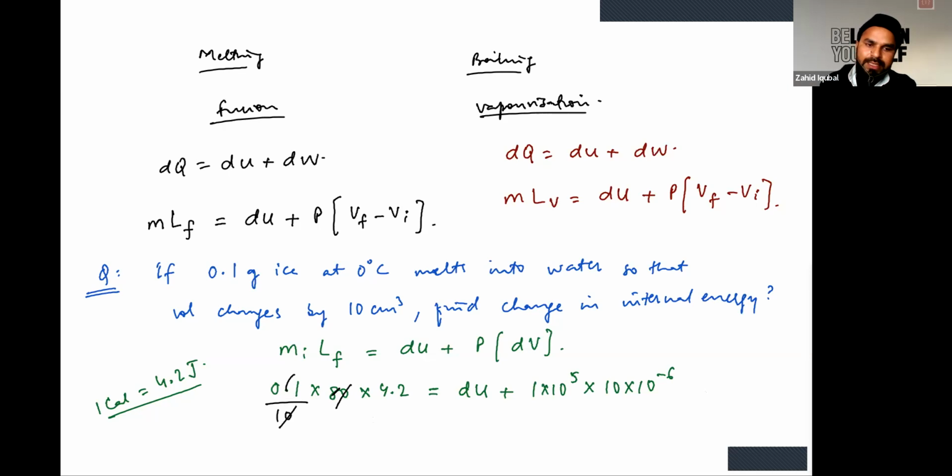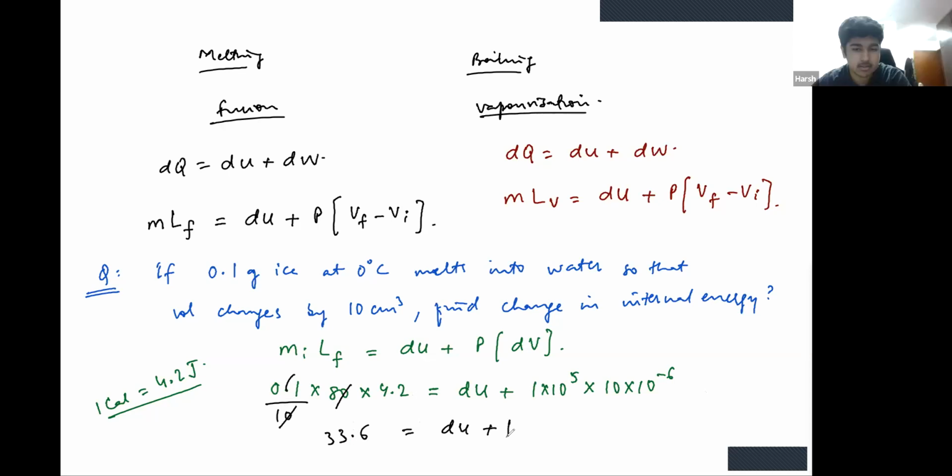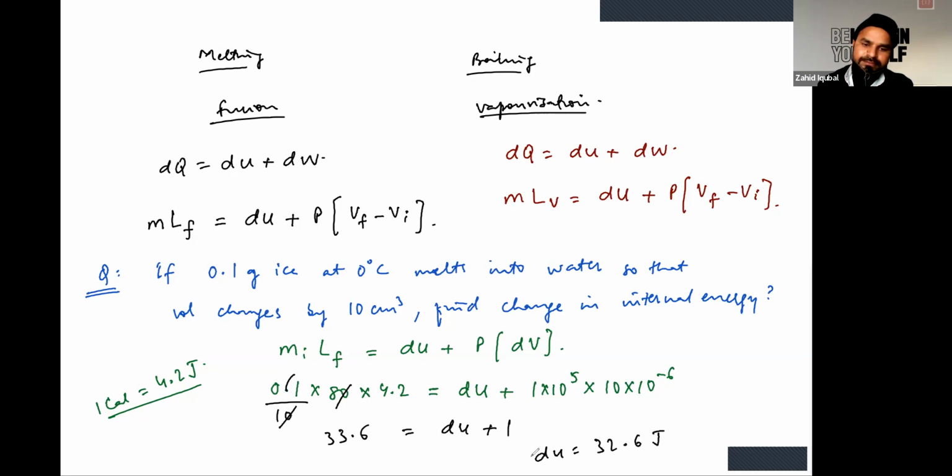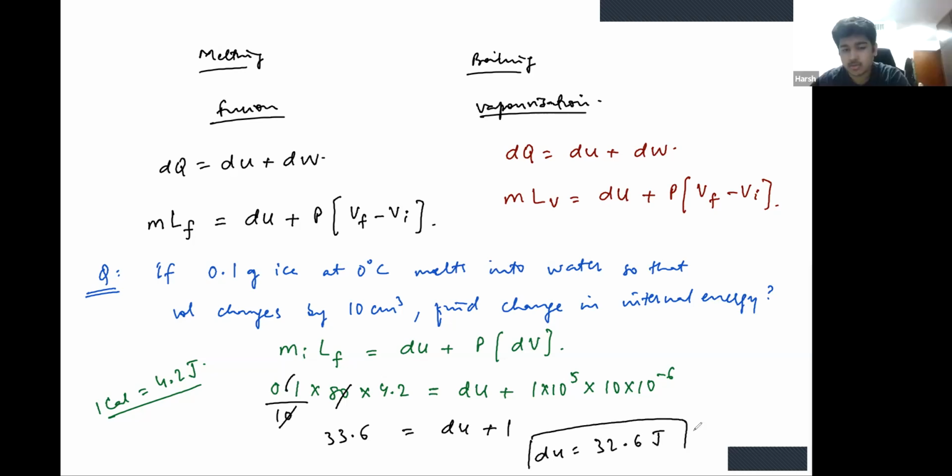So just multiply 8 into 2, 16, and 8 into 4, 32. So it will be 33.6 equals du we have to calculate. And if you simplify it, you'll get just 1. So du will be equal to 33.6 minus 1, so it will be just 32.6. Okay, sir.